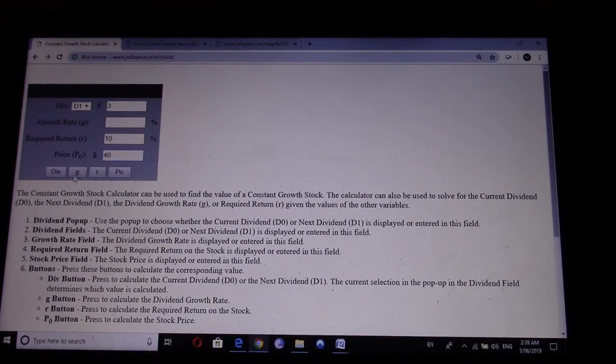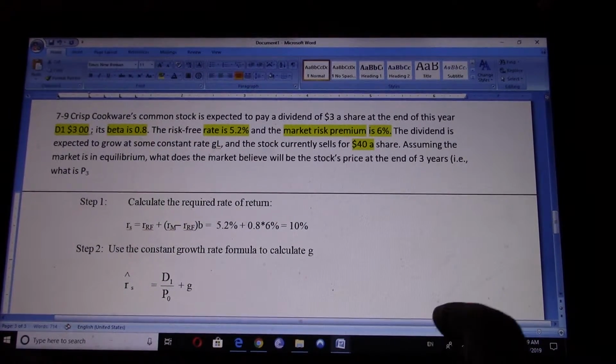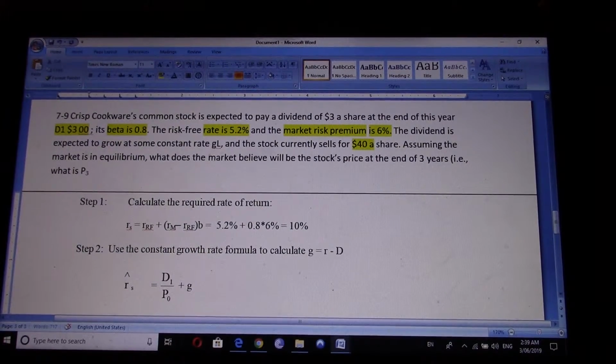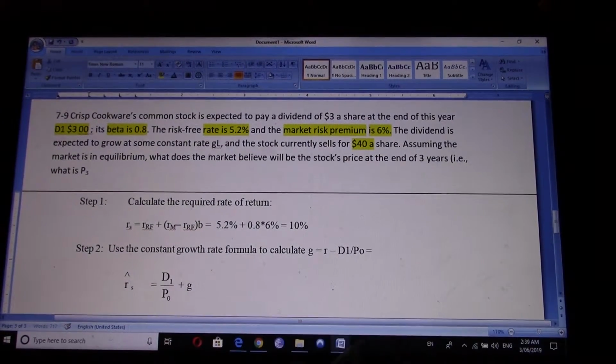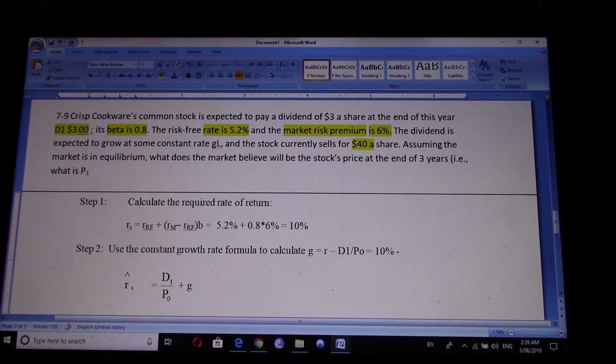Now we don't know how much is G. We'll use the model, so we know G equals to R minus D1 over P0, so equals to 10% minus D1 is 3 over 40.